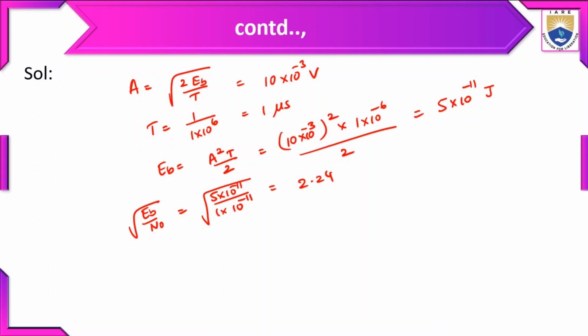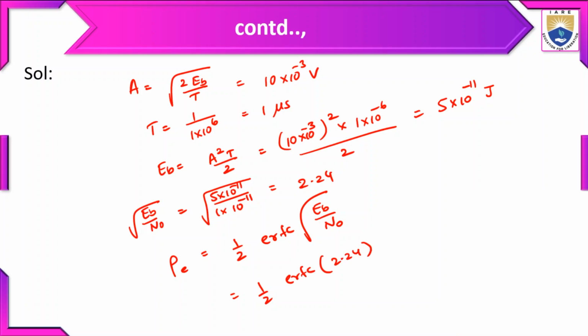2.24 we got. So the bit error probability will be PE is equal to 1 by 2 ERFC of square root of EB by N naught. We can directly substitute: 1 by 2 ERFC of 2.24.